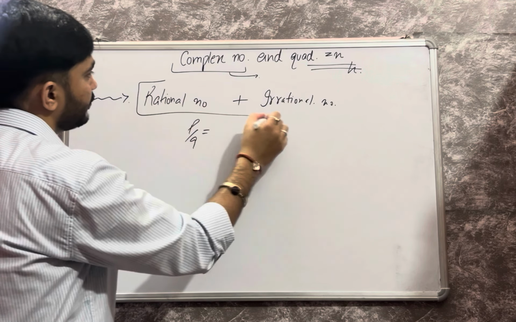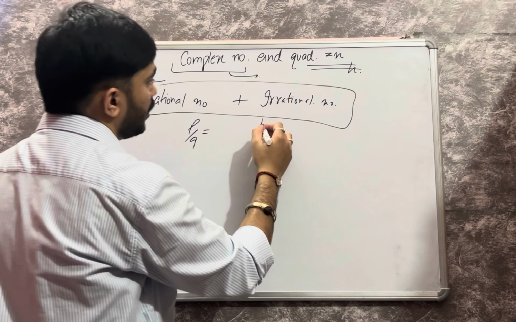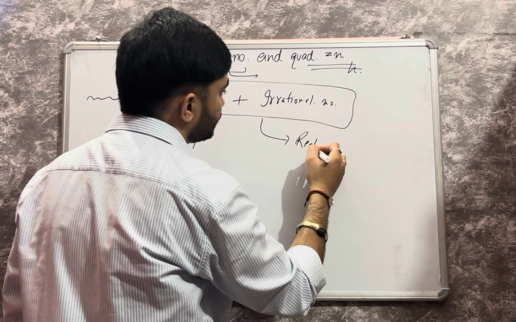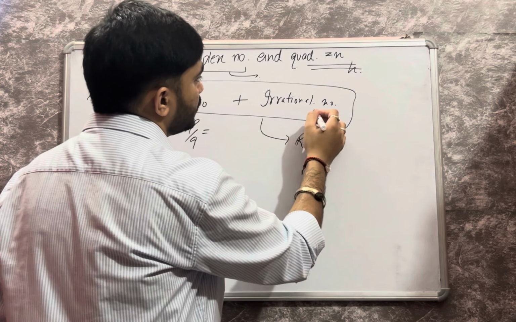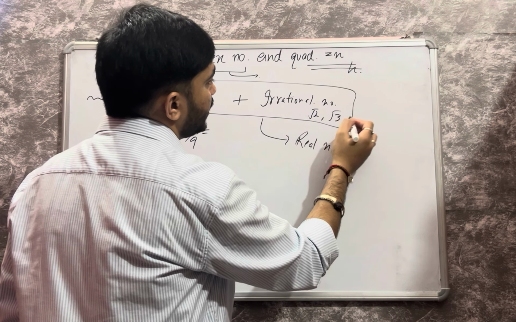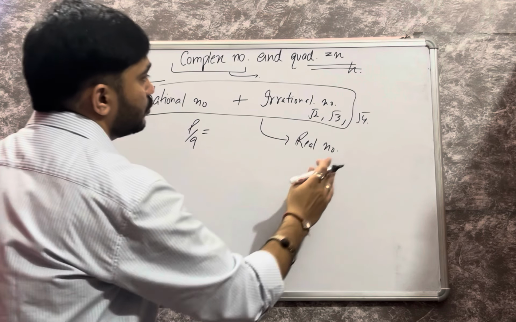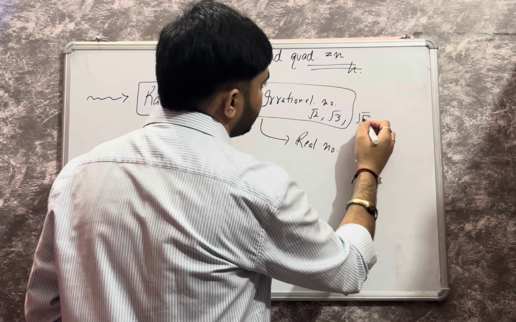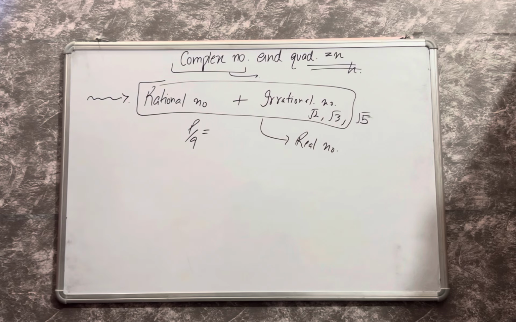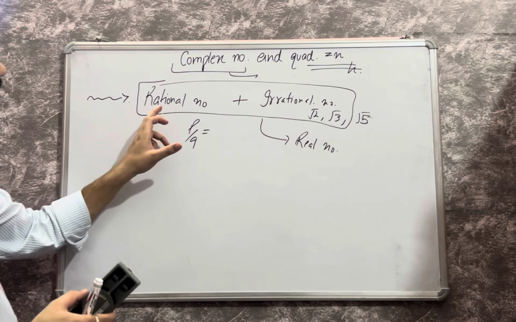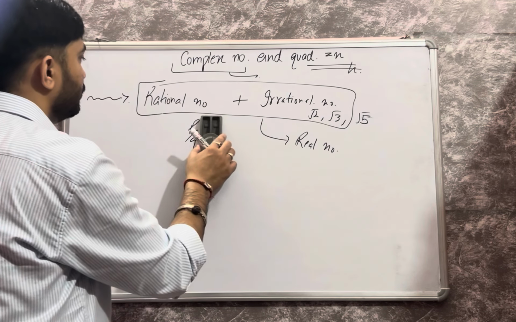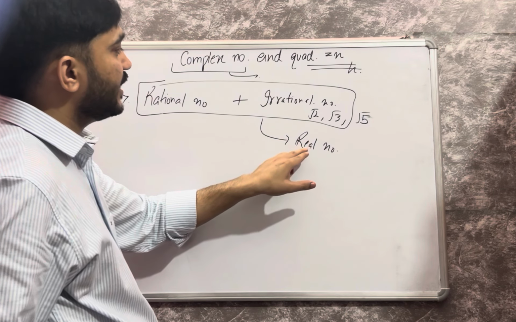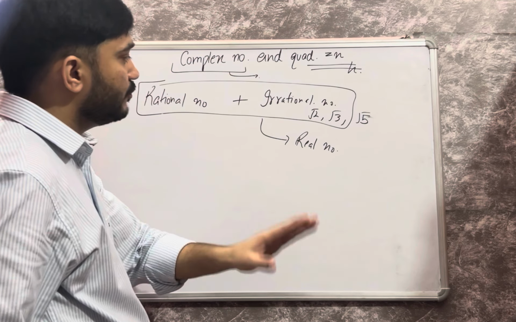And the collection of rational and irrational number are known as real number. Irrational number like under root 2, under root 3, under root 5. These are irrational number. So the collection of both rational and irrational number is real number. It means the numbers that exist in our real world.